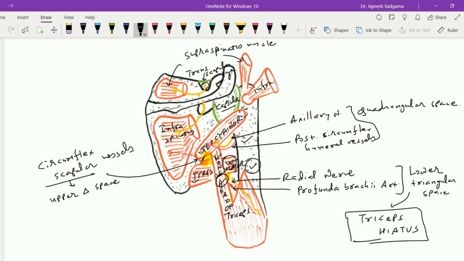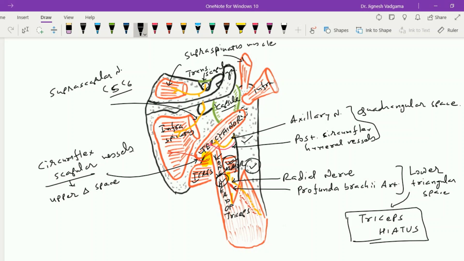So this nerve is the suprascapular nerve, which is actually a branch from the upper trunk of the brachial plexus, having the root value of C5, C6.